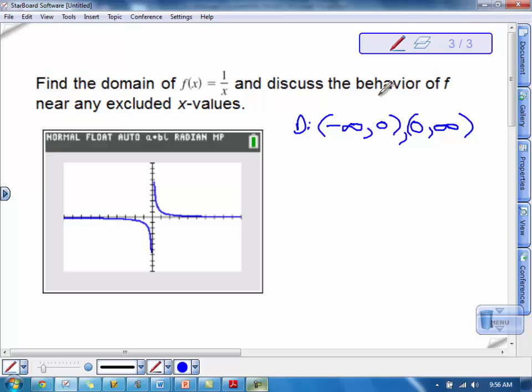All right. Now the behavior of f near any excluded x values. So let's look at a couple other things though. Let's talk about end behavior.